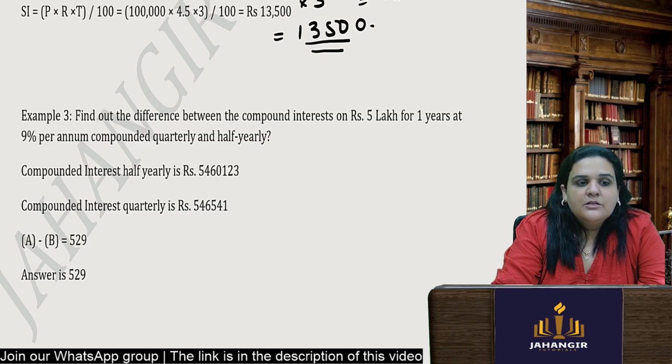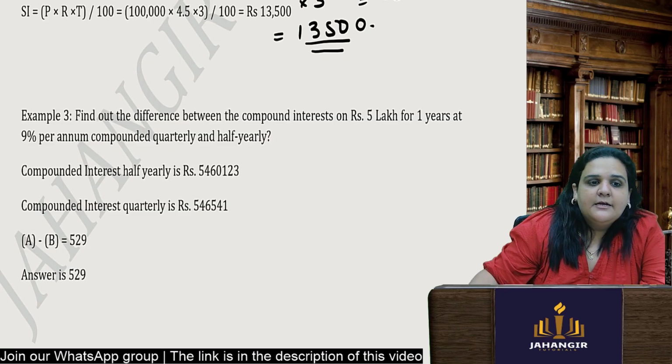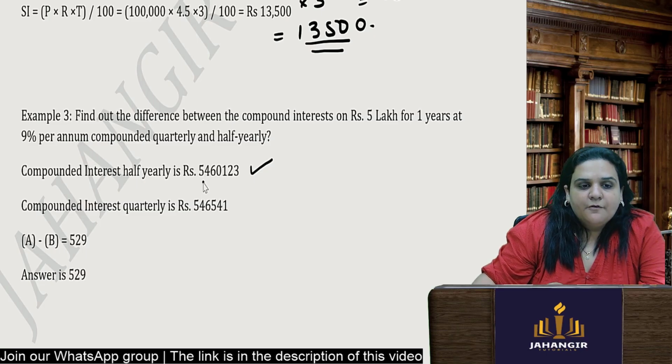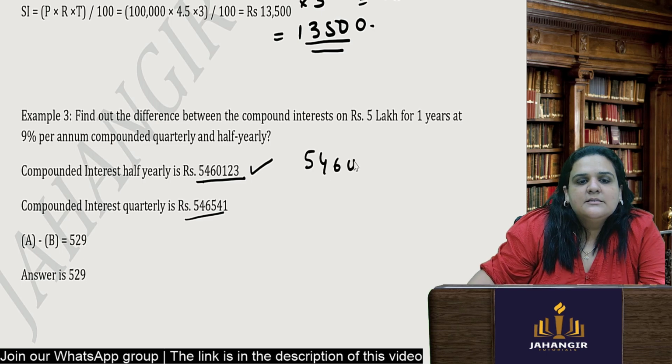They have also given you the compound interest values. For half yearly it is 5460123, okay, and for quarterly it is 5460123.